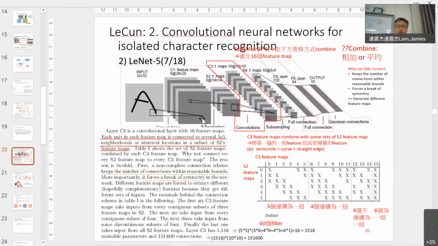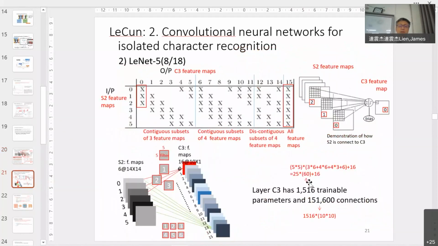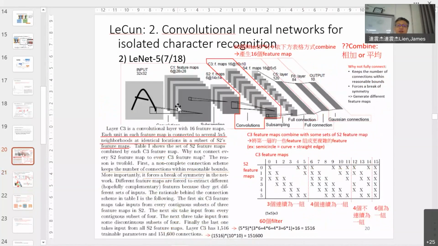But for each block, we need to consider the crossover situation. That means the filter is not only 2D, but you cannot say it's 3D. It's not a 3D filter. It's a 2D filter, but it includes crossover channels. That means you have X, Y, and times the number of channels.